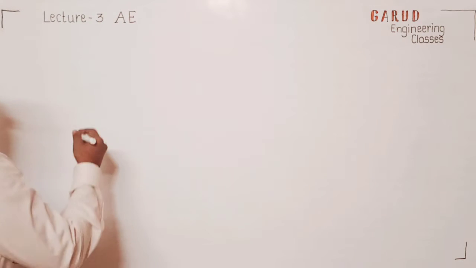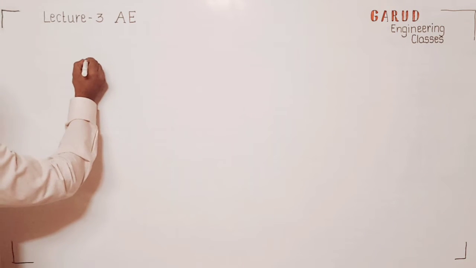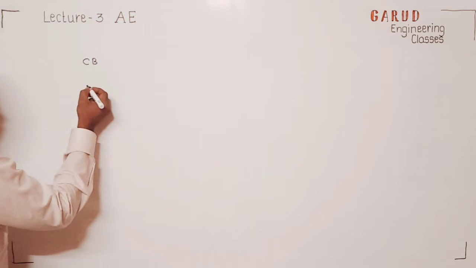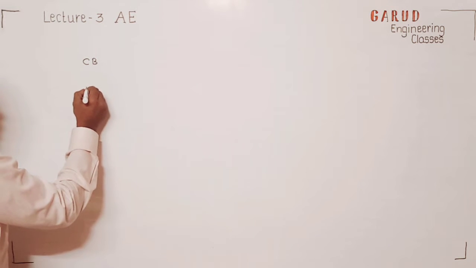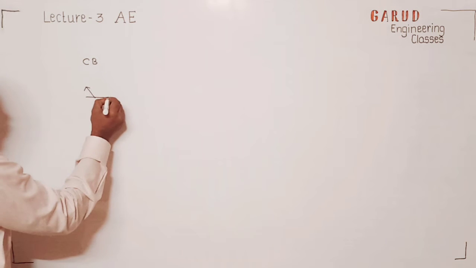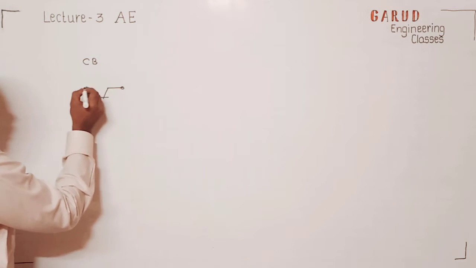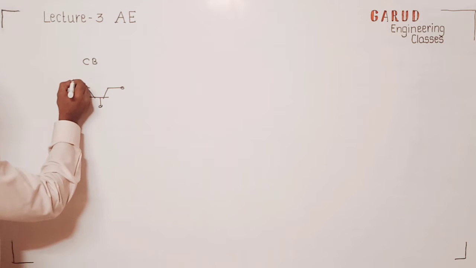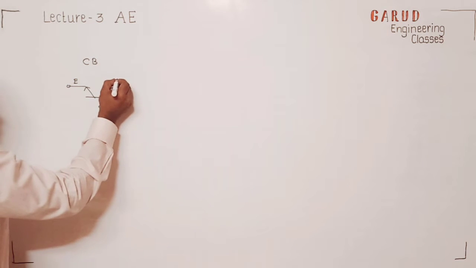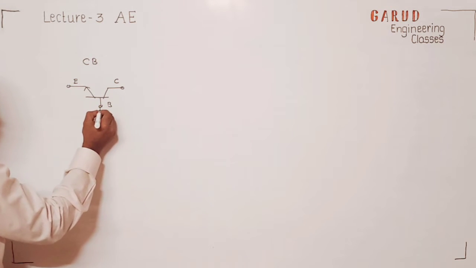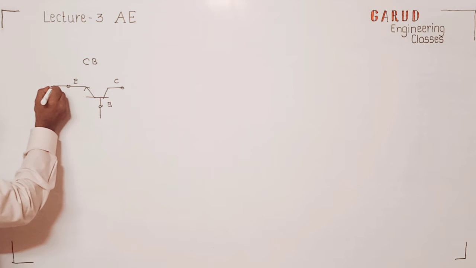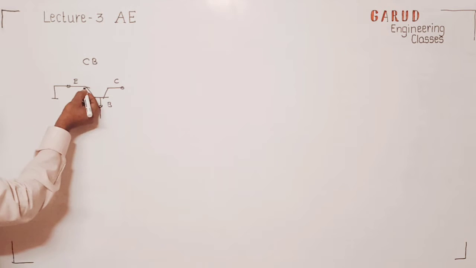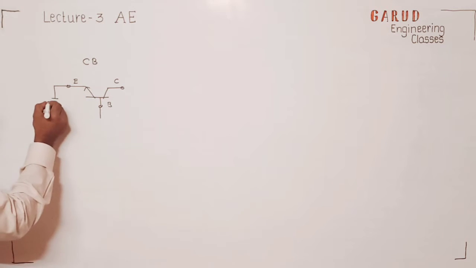If we consider the three types of configuration, say common base for an NPN transistor, the emitter must be on the input side. I have already explained this. So this is emitter, collector and base. We connect a supply here, maintaining the flow in the downward direction.